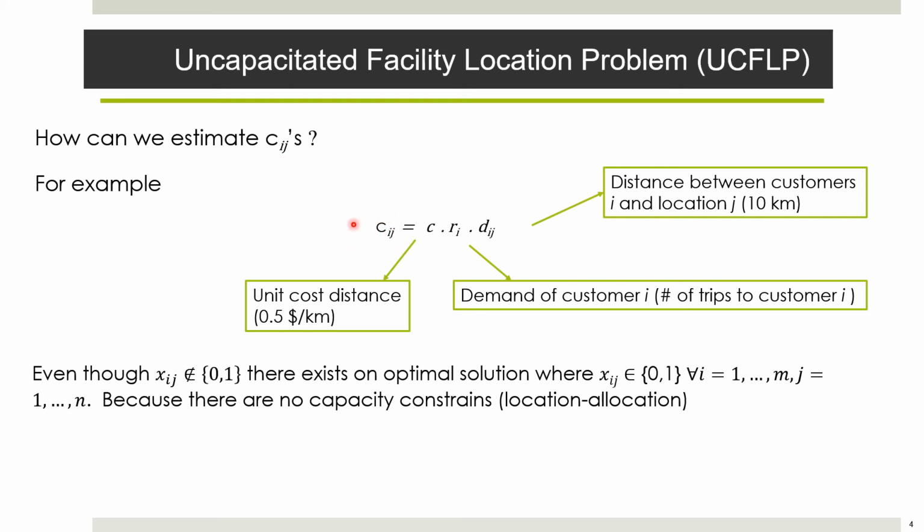Actually, one way to find these cost values is by multiplying the demand of customer i, in terms of the number of trips that we need to make to this customer, Ri, multiplied by the distance between the customer and the potential location j, which is multiplied by the unit cost of travel per distance.